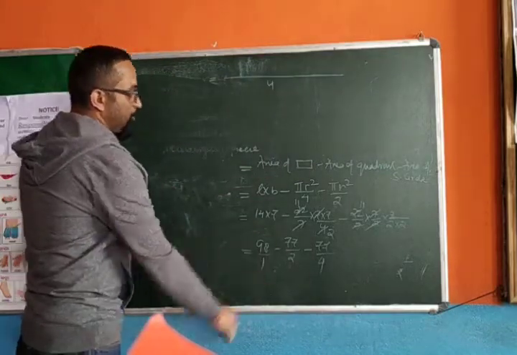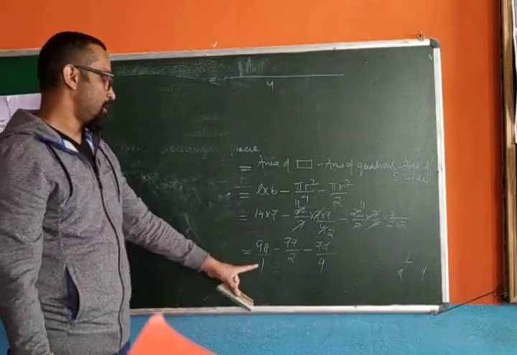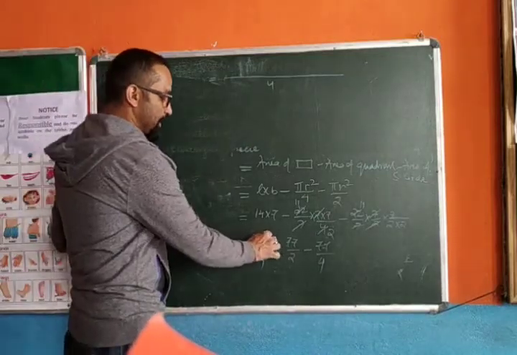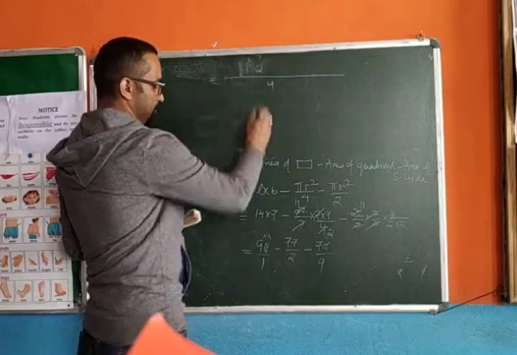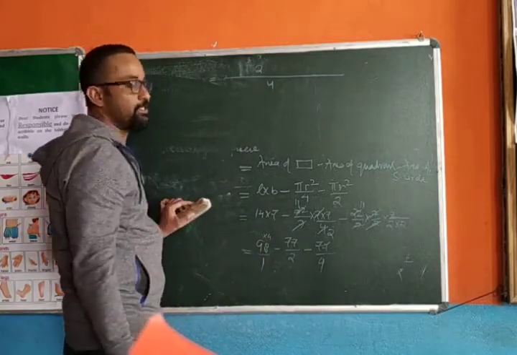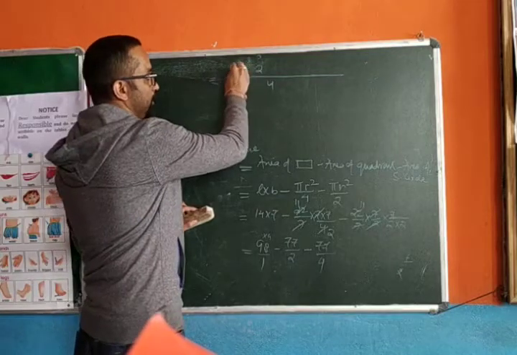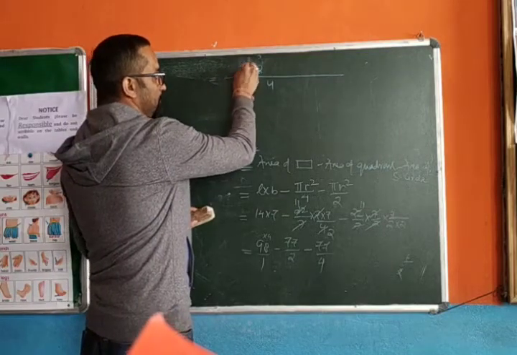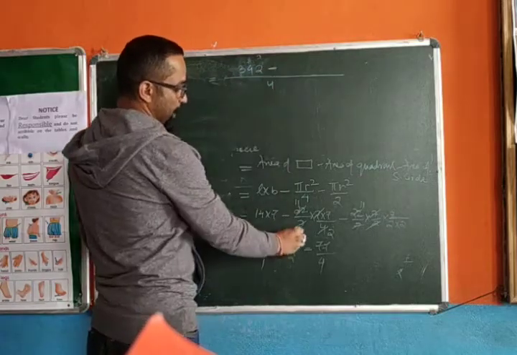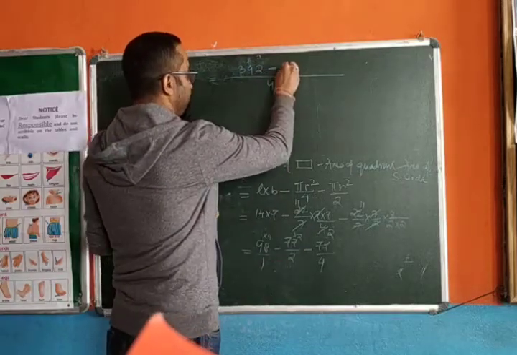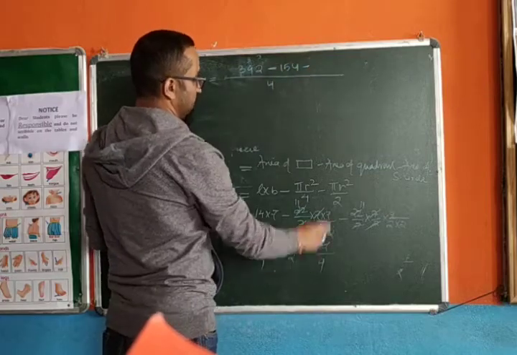It doesn't have a denominator, so I'm writing 1. 4 times 98: 8 into 4 is 32, 9 into 4 is 36, 39, so 392 minus 2 times 77 is 154, minus 77.